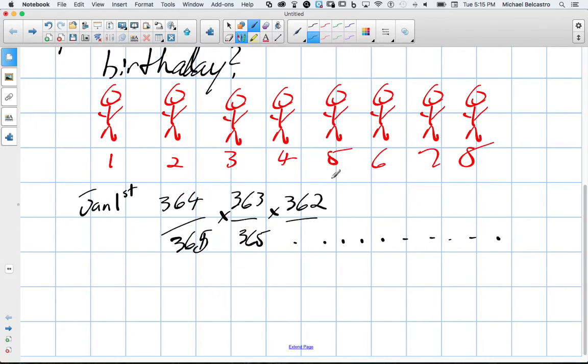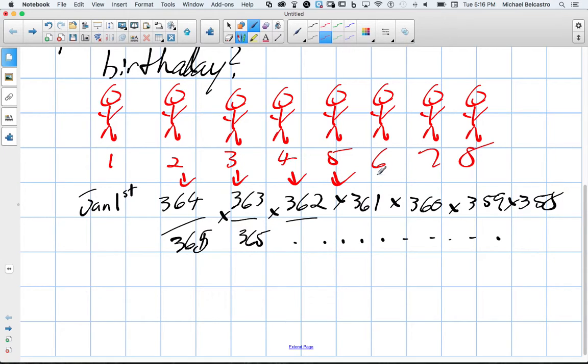So that's 363 times 362 times 361 times 360 times 359 times 358. Okay, and I'll just draw little arrows so that we see where they're all connected. The denominator is the exact same every single time.